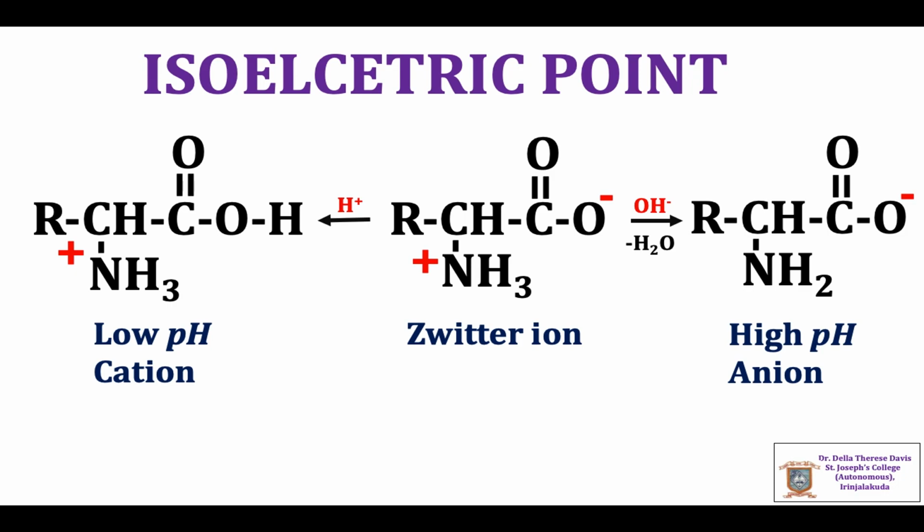At low pH or in acidic medium, the zwitter ion accepts a proton and becomes a positively charged ion. The accepted proton gets attached to the oxygen of the carboxylic group.